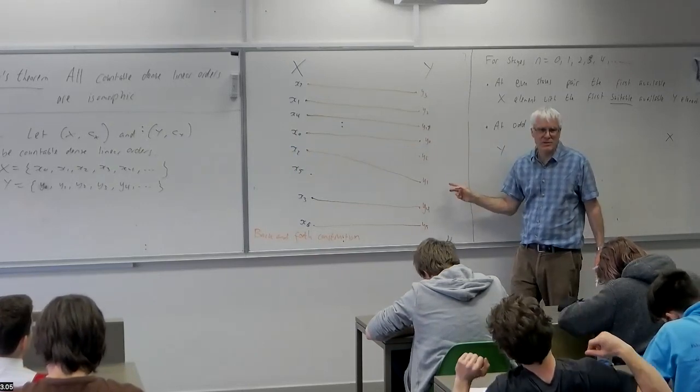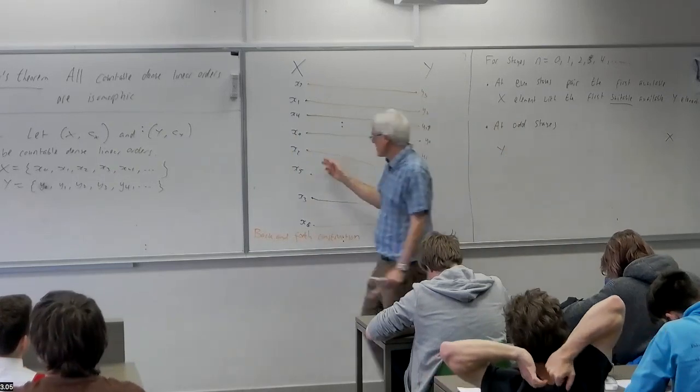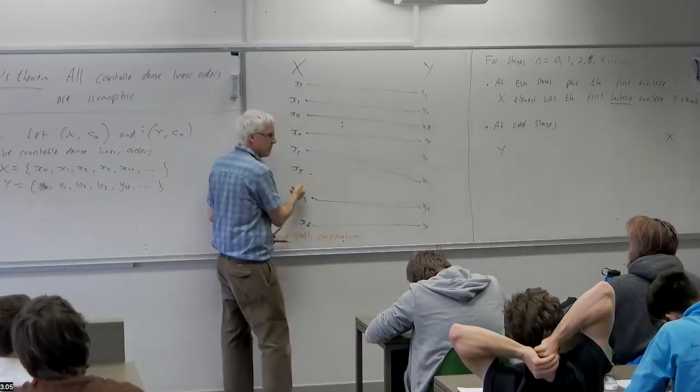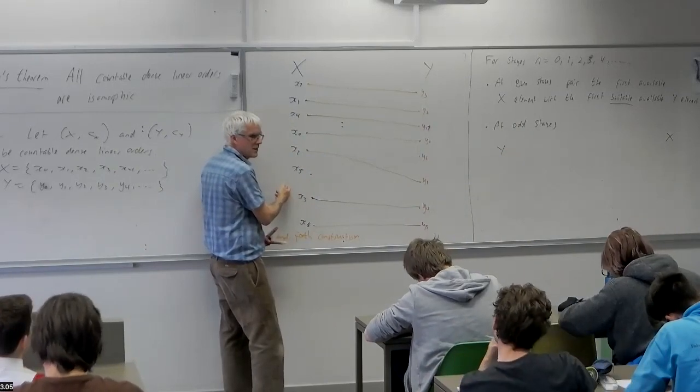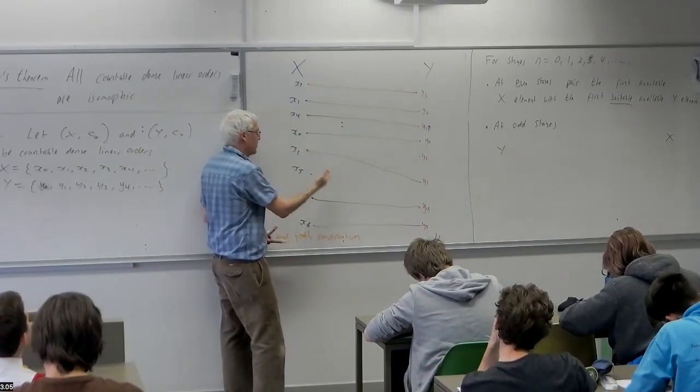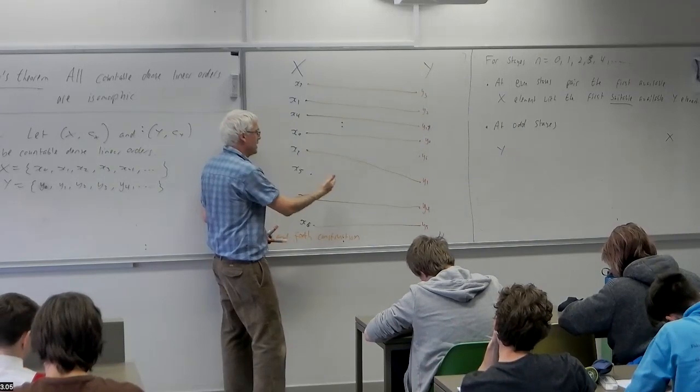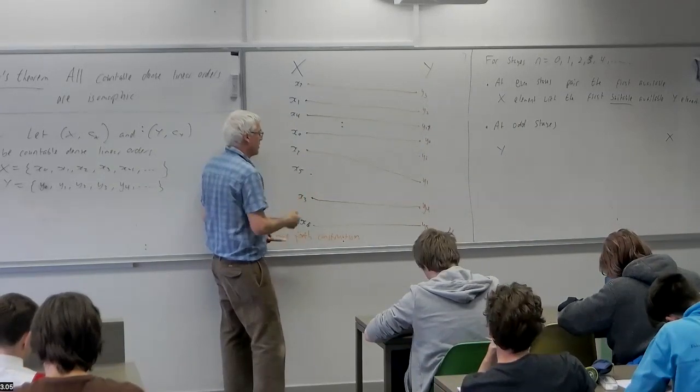It must have been paired with something. And xn must have been paired with something by the time we've done n moves on the left-hand side. So by this back and forth construction, we guarantee that we have a bijection.